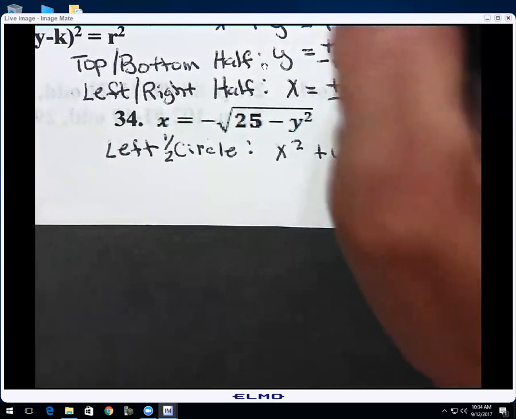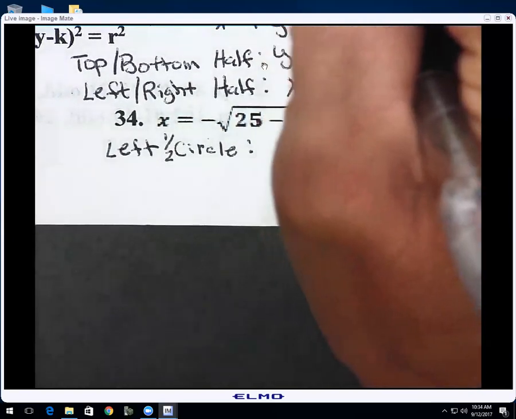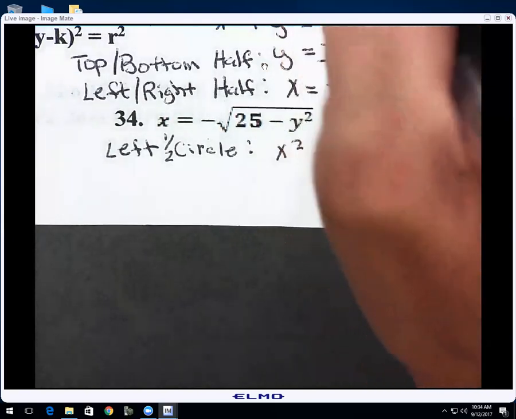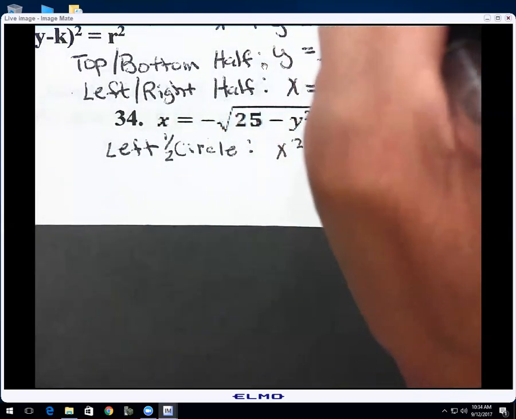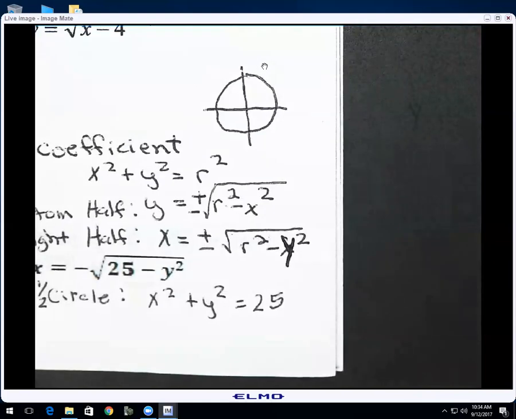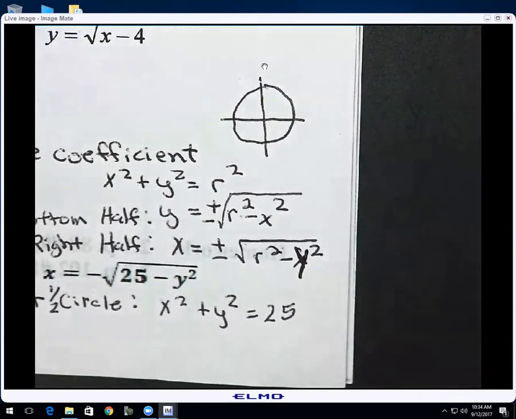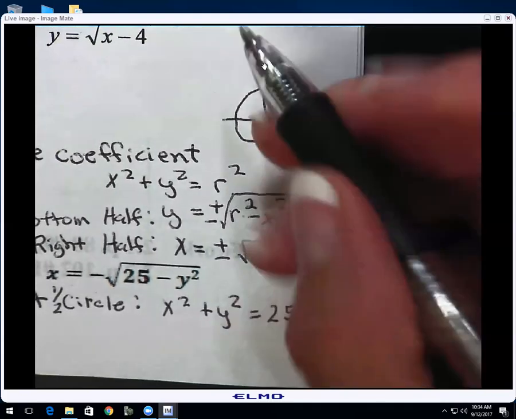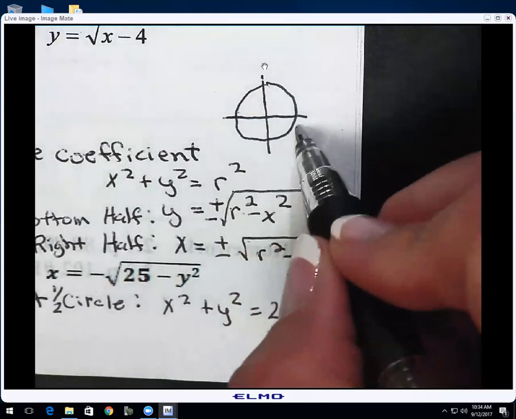Here's what I think helps me remember which half of the circle I have. In that circle, which half has all positive y's? Top, bottom, left, or right, which one has all the y's positive? The top has all the y's positive.